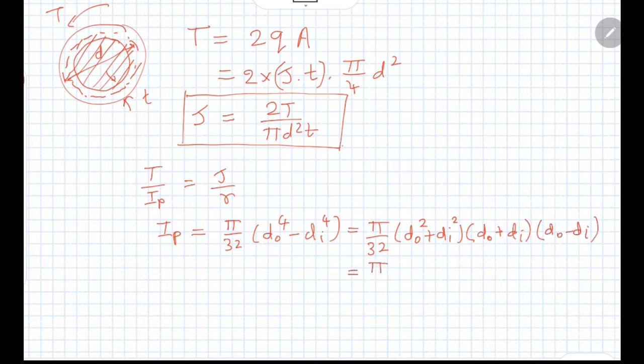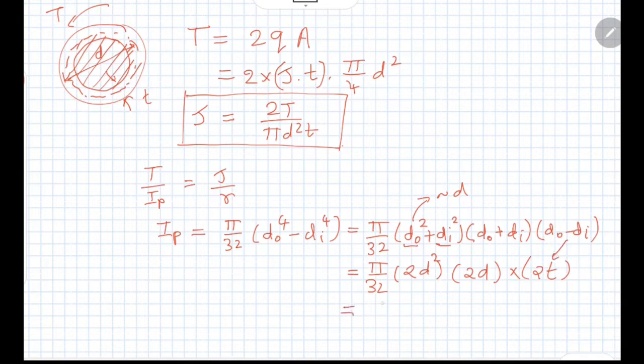So we can simplify it as pi by 32. Since it is a thin section, this do and di both will be nearly equal to small d. So this is 2d square. This is 2d. And do minus di is nothing but twice the thickness.